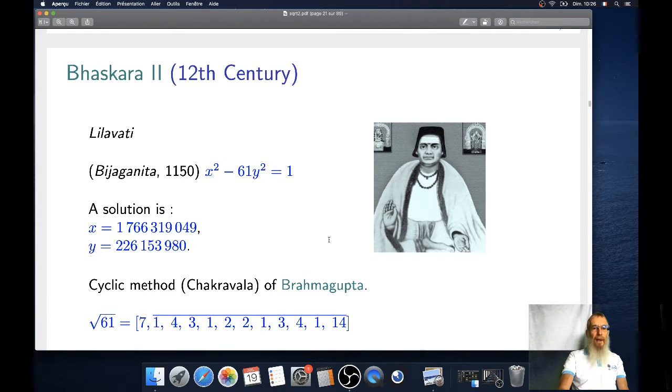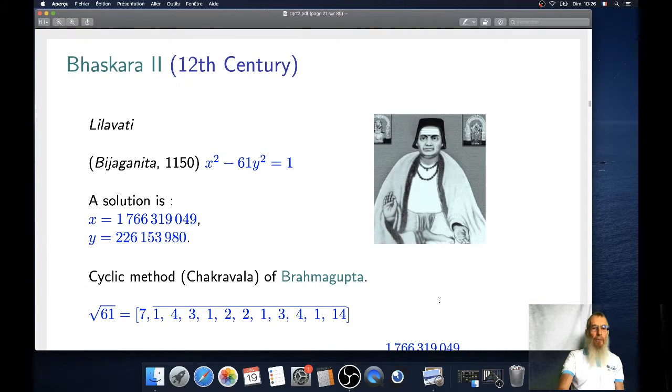much later, with a much more difficult equation to solve, which is x squared minus 61y squared equal 1, and the smallest solution is given by y equal 226 million, and so on. And he used the method of Brahmagupta.